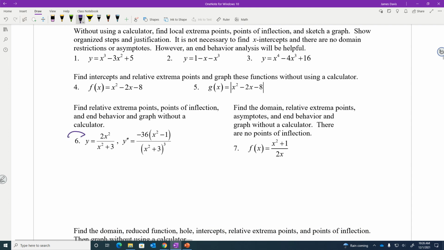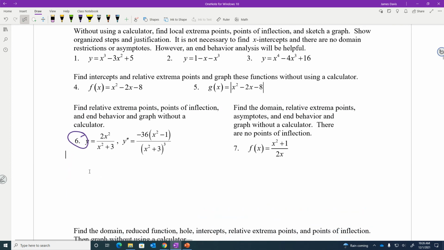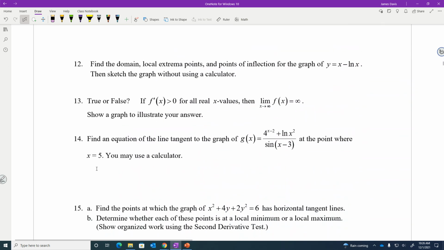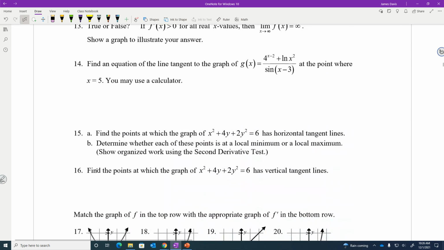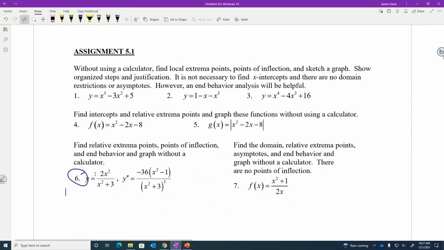So I want to do number 6. These are similar, but they're not rational functions. Let's see if there's another rational one. So let's do 1, 3 will be a little different, and 6. Those 3 problems.